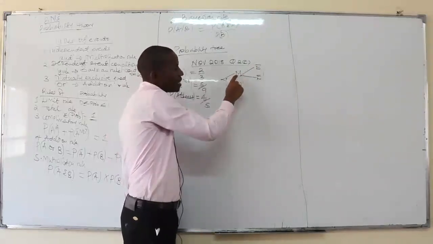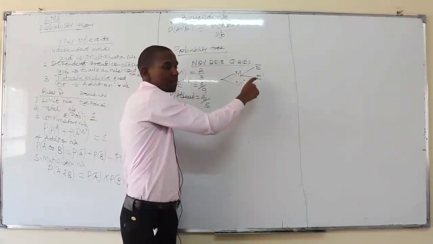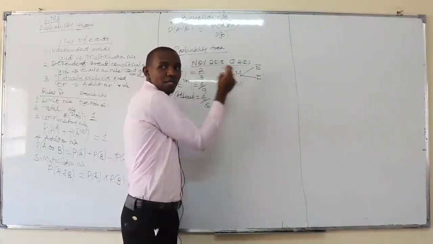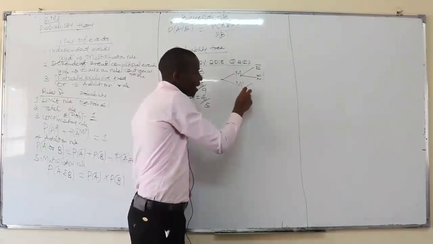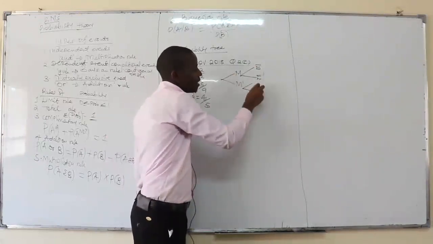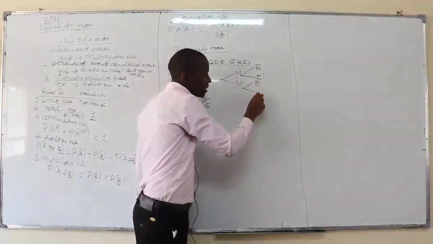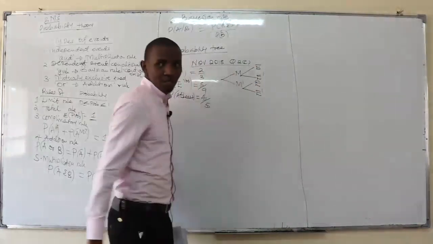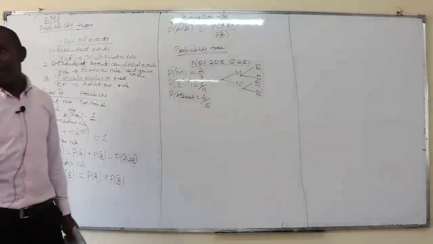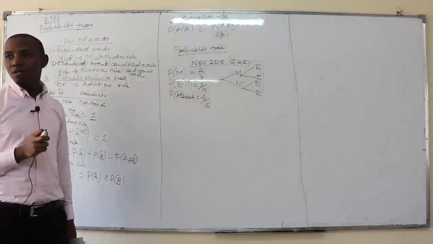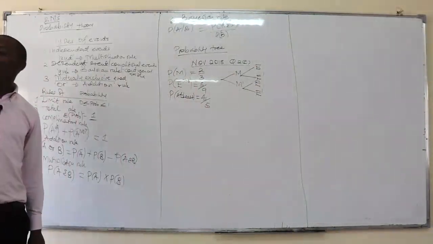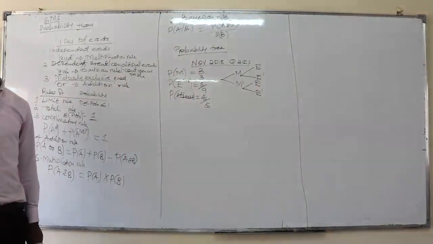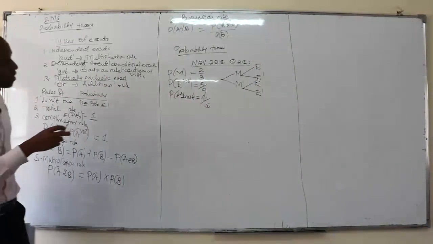That means he passed mathematics and passed English. Here he passed mathematics, then failed English. Here he failed mathematics and passed English, and here he failed both. That is how you will be able to get that. For independent events, they do not have any starting point.